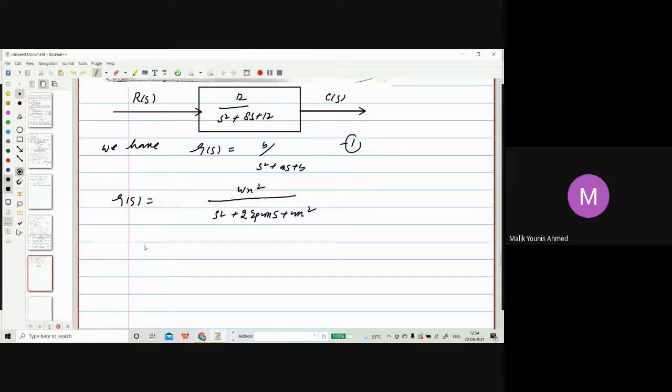We can write g of s as under root of 12 whole square divided by s square plus 2 xi omega n s plus under root of 12 square.